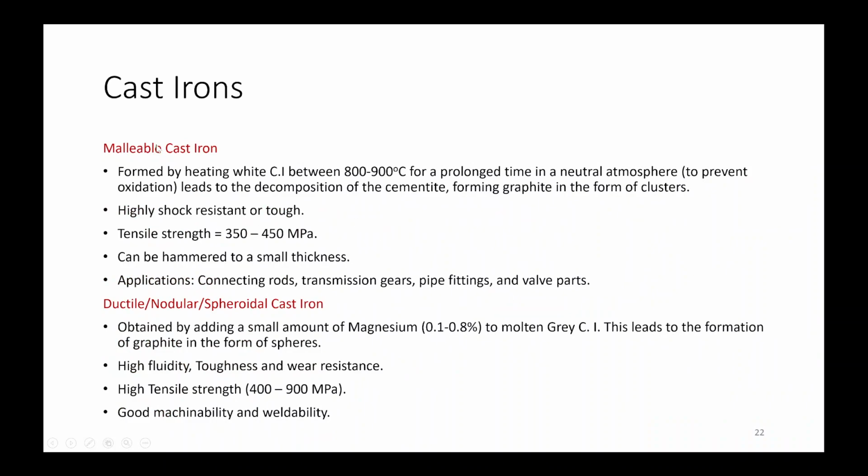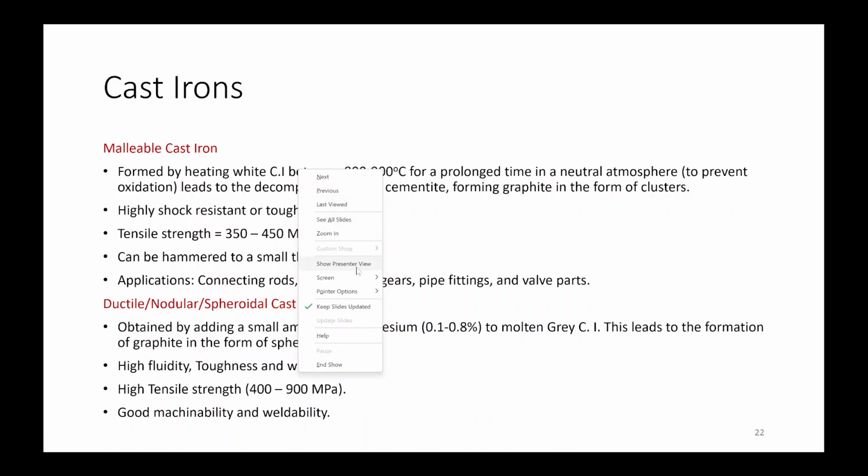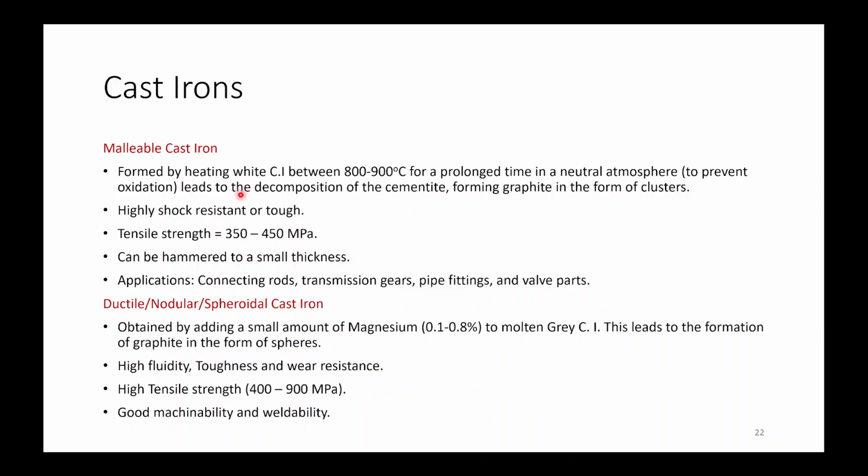Now malleable cast irons, these are formed by heating white cast iron. In case of white cast iron, we saw that it will be having a cementite network. So we'll be heating it up to 800 to 900 degrees C for a prolonged time in a neutral atmosphere.